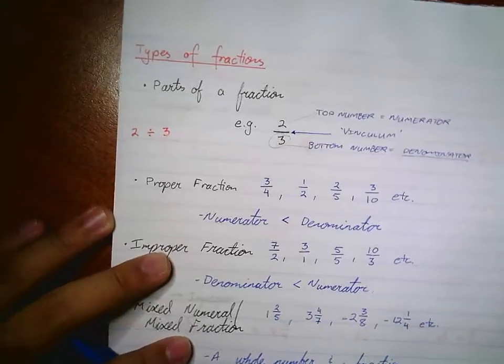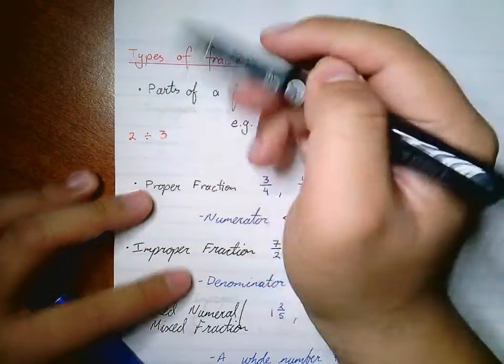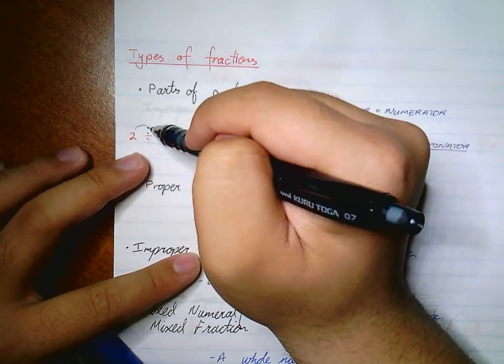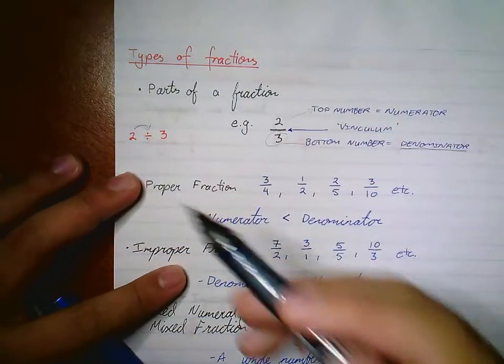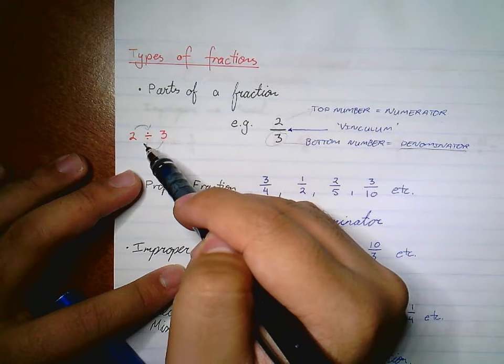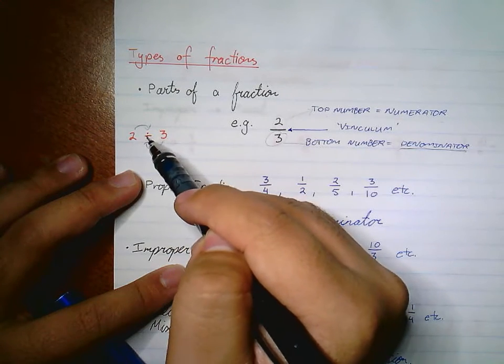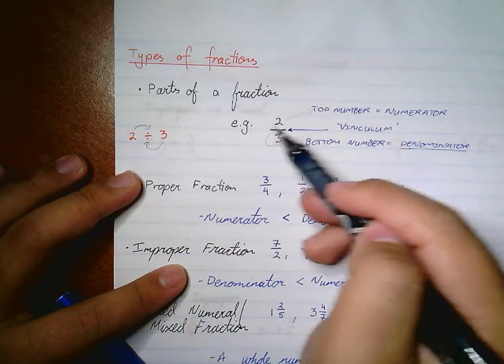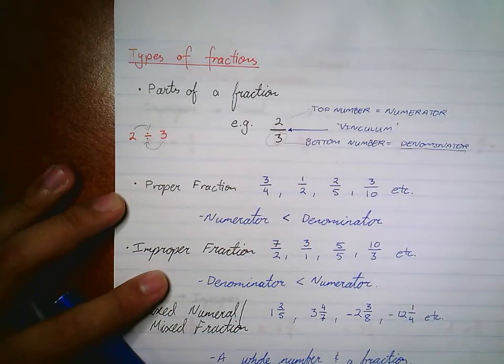can you see how that little dot there actually means where this number goes, and this little dot at the bottom is where this number goes. So 2 divided by 3 actually becomes 2 over 3.